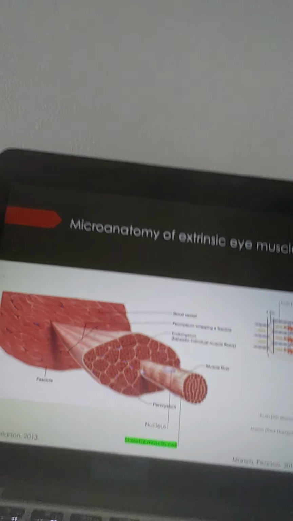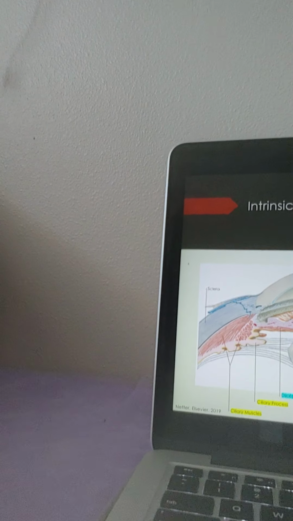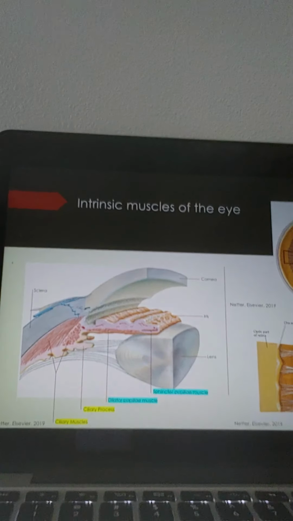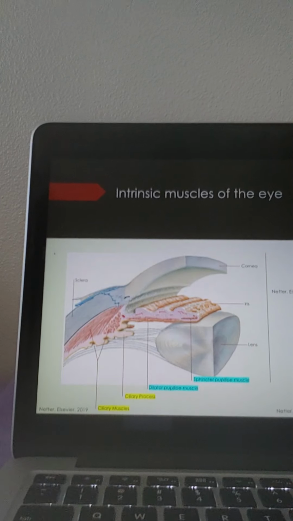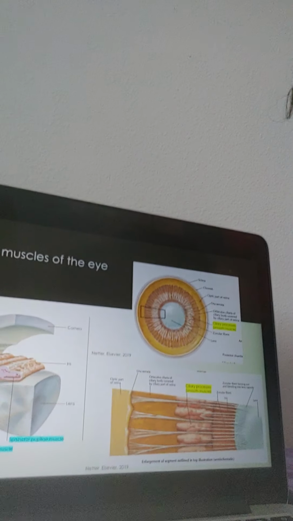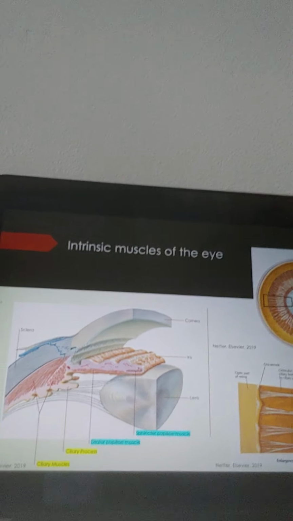All right, so we're going to move on to the next muscles of the eye, the intrinsic. So the intrinsic muscles of the eye, and here is a little bit of the anatomy of the intrinsic muscles of the eye. So there are kind of 2 groups of intrinsic muscles of the eye.